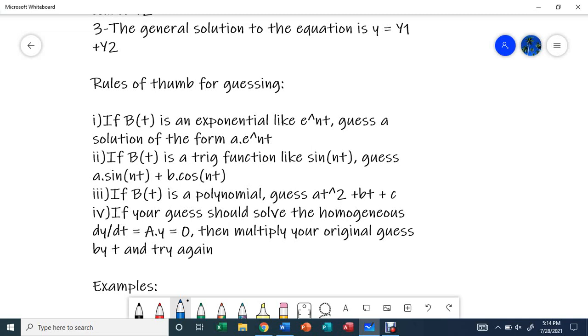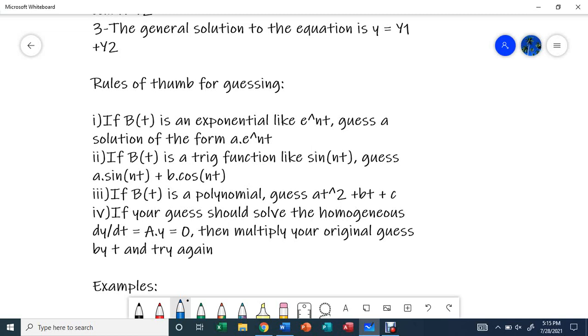Case number 2, if your b(t) is a trig function like sine of nt, your guess should be in the form of a times sine nt plus b cosine nt. And case number 3, if your b(t) is a polynomial function, your guess should be in the form of at squared plus bt plus c.